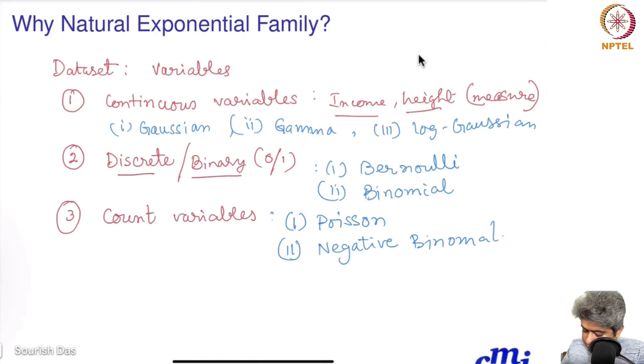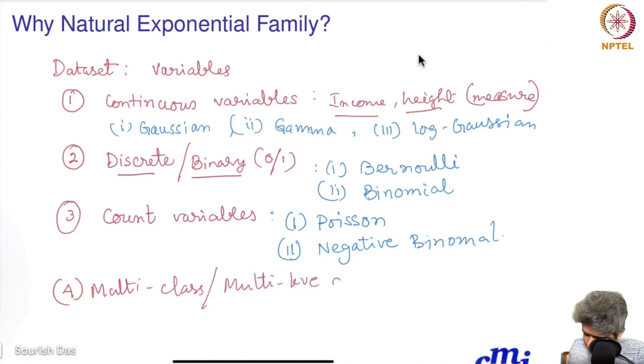There is a fourth category I would say, called multi-class or multi-level variables. What is an example of a multi-class or multi-level variable? Suppose you are asking your subject, is it a bad, average, or good service?